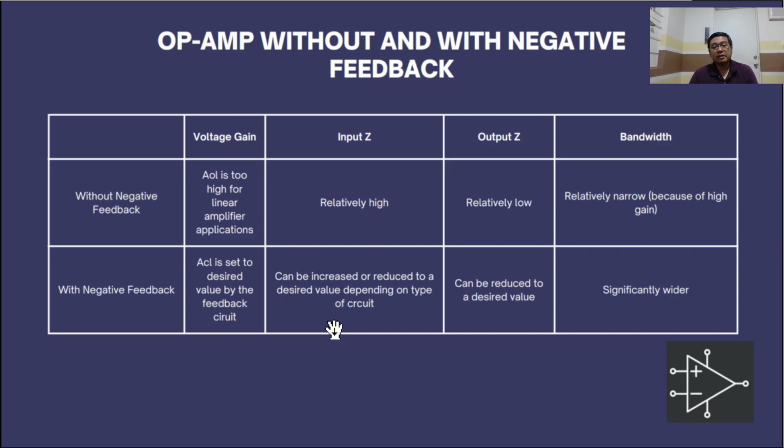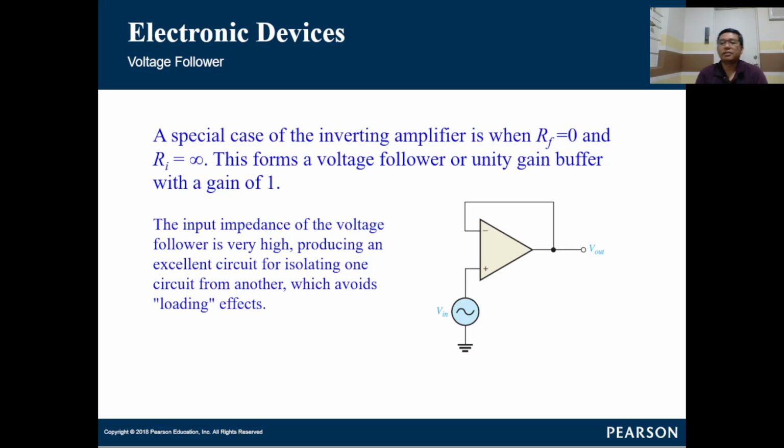In our next video lecture, we will discuss the input impedances present in your operational amplifier. The output impedance can also be reduced to a desired value. And the bandwidth is significantly wider compared to our op-amp without negative feedback, because our gain here is smaller compared to the amplifier without negative feedback.